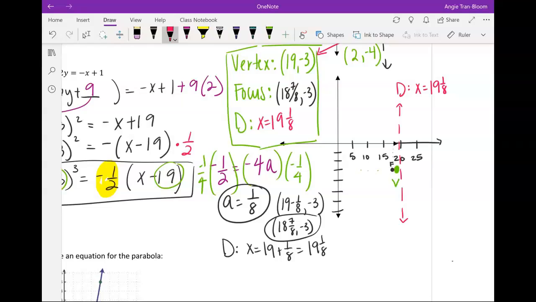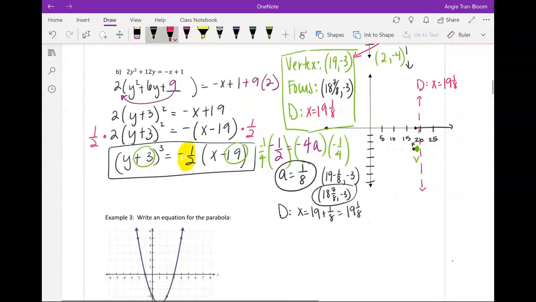I now need to find the length of the latus rectum, so I know how far up to go. The length of the latus rectum is the absolute value of 4a, which we already know is the absolute value of 1/2. Well, the total length is 1/2. That means you're going to go up 1/4 and down 1/4.